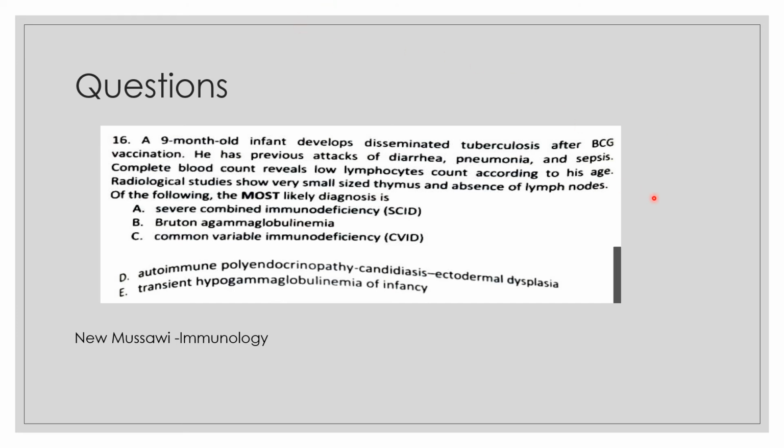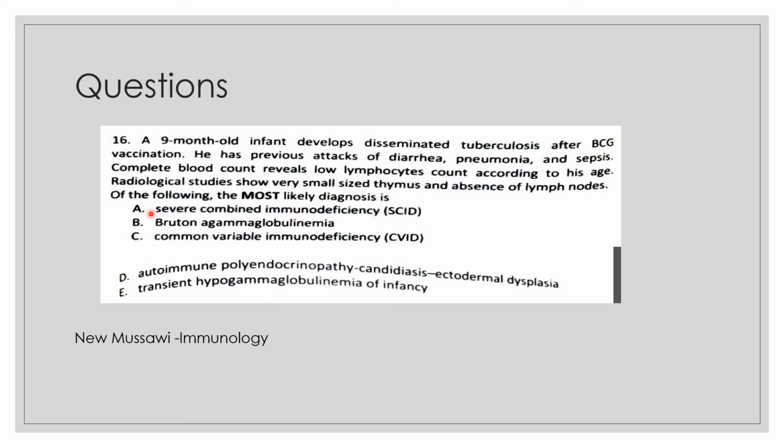The first question is, a 9-month-old infant develops disseminated tuberculosis after BCG vaccine. He has previous attacks of diarrhea, pneumonia, and sepsis. CBC reveals a low lymphocyte count according to his age. Radiological study shows very small sized thymus and absence of lymph nodes.